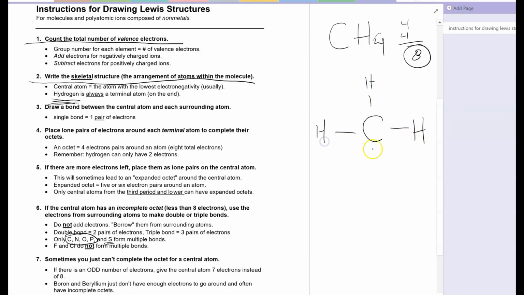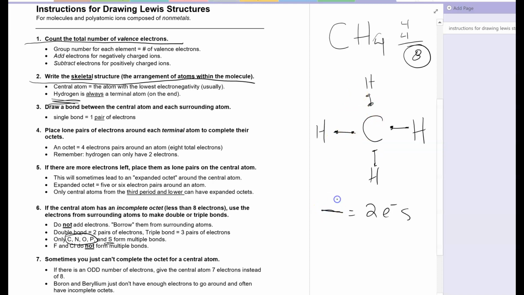So we're going to go ahead and draw. Each line represents 2 electrons. One of them comes from one atom, so hydrogen puts in an electron here, and carbon puts in an electron here. Again, the same thing, hydrogen, carbon, hydrogen, carbon. Instead of drawing out the dots, we just draw lines for those bonds.